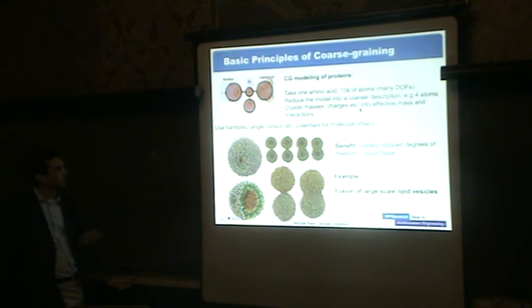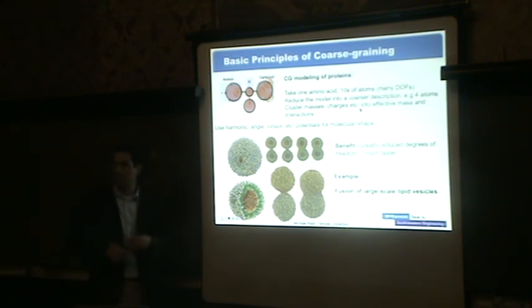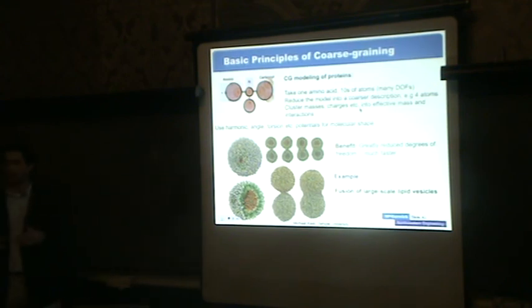The benefit, of course, is you greatly reduce the number of degrees of freedom. You can do much faster calculations. And this has been applied to many, many different systems, and it's a field that has been growing exponentially in the past 4 or 5 years in particular.